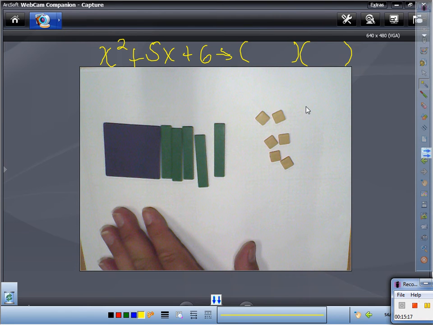But now I'm going to let you do this one by yourself. Make a rectangle out of those tiles and draw your rectangle on your paper and come up with the factors. Ready? Go. I'll give you some time. Remember, the key is keeping the yellow ones together.